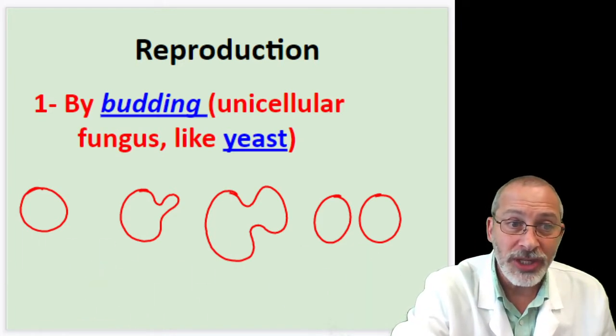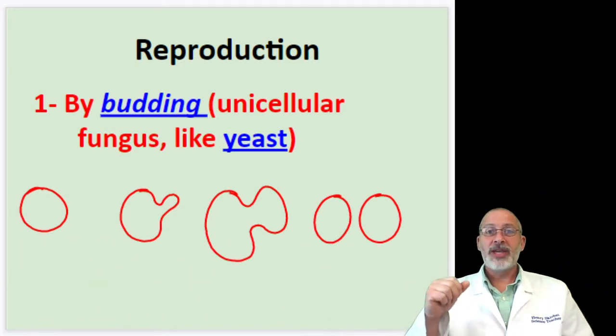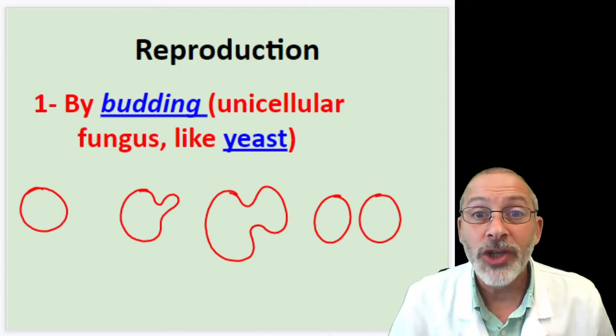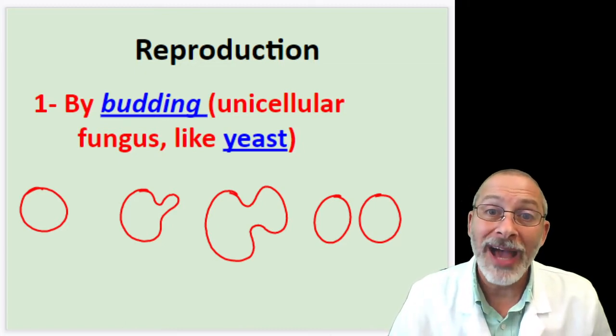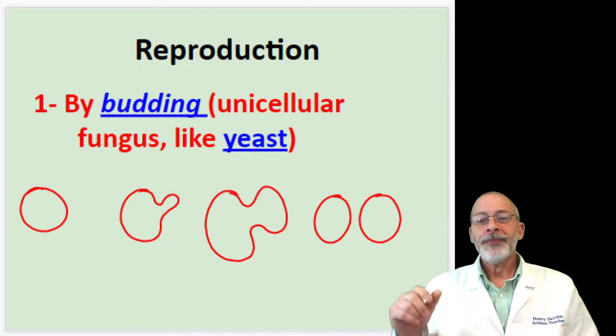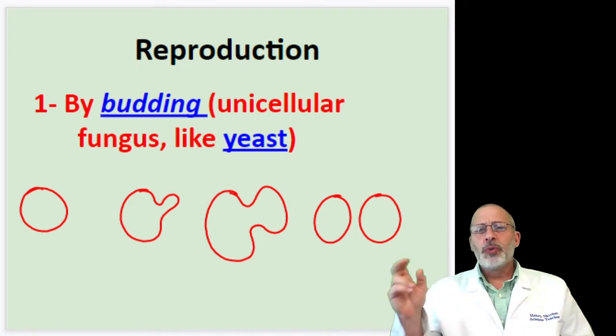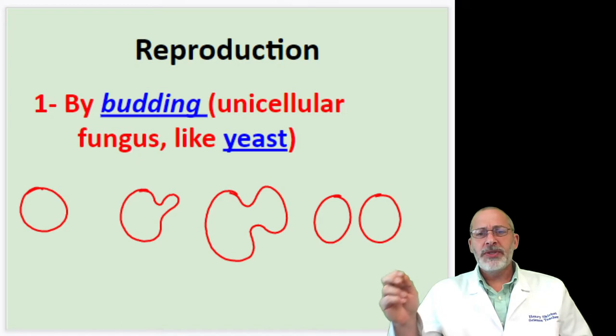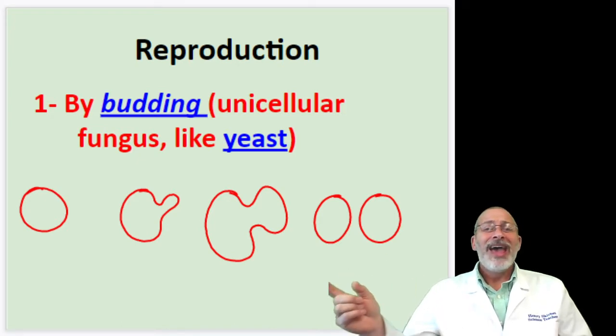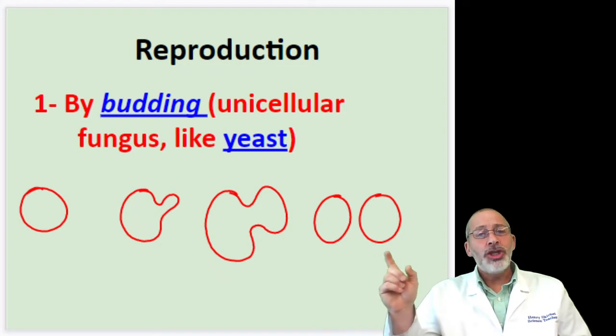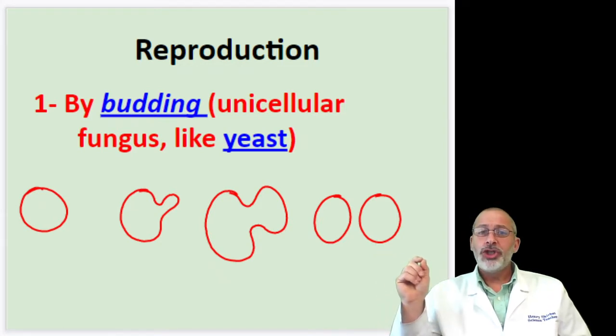And essentially, this is the same process as mitosis that we learned about last unit, if you remember. And so reproduction by means of budding with unicellular fungus results in a second generation, which is genetically identical to the first generation. So the daughter cells are essentially clones of their mother.